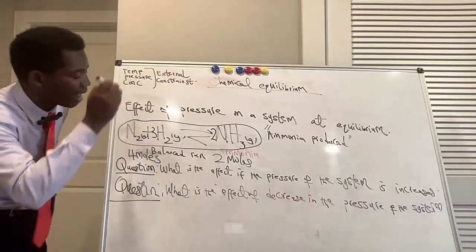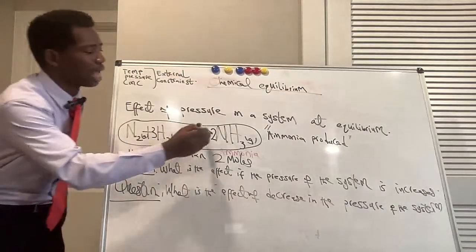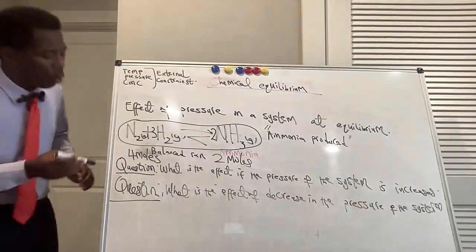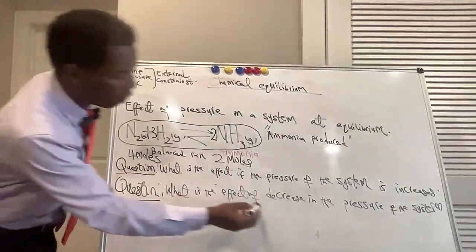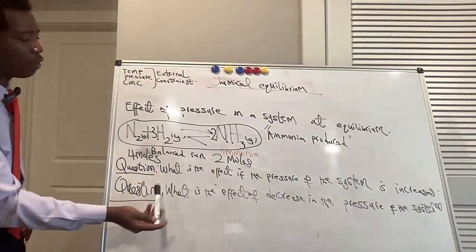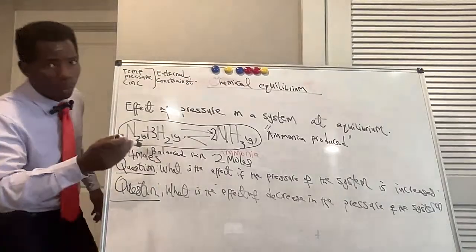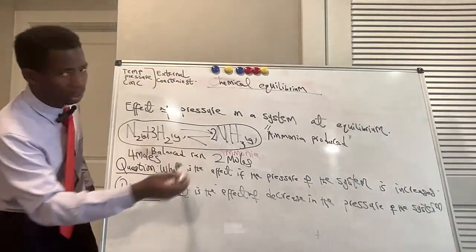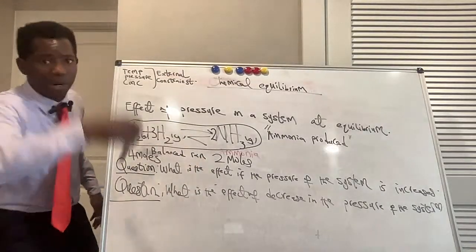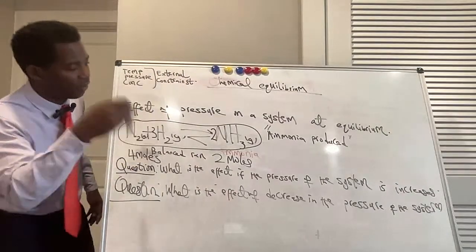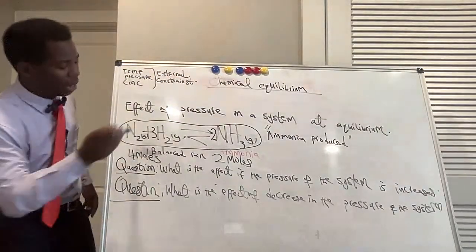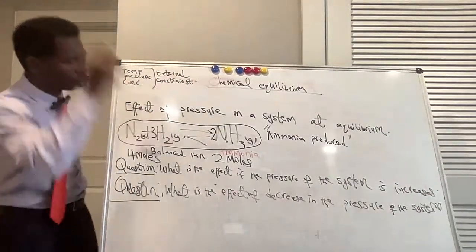In this system, when nitrogen reacts with hydrogen, it produces ammonia. Now, when the pressure of this system is decreased, what happens? It favors the side with the higher number of moles. Therefore, nitrogen and hydrogen will be produced.